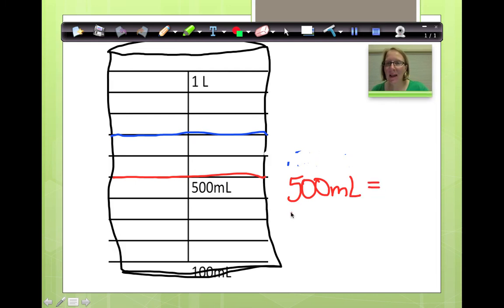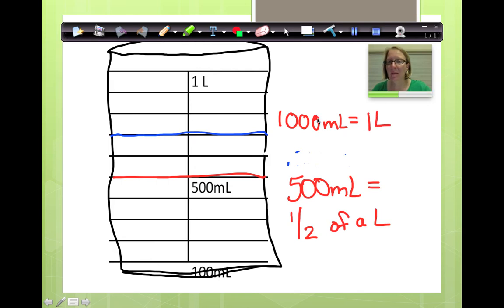We can say that it is half of a liter, because I know that 500 is half of 1,000, and I know that there are 1,000 milliliters in 1 liter. Right?